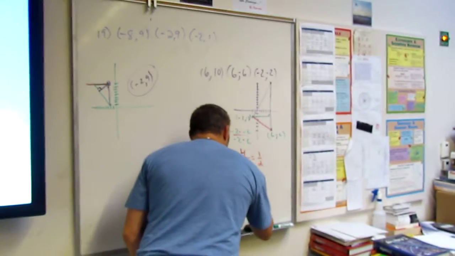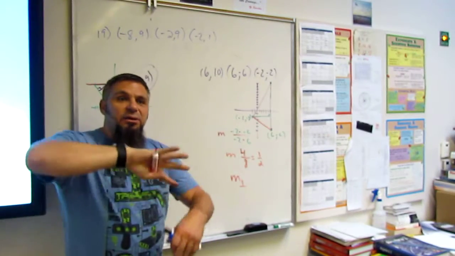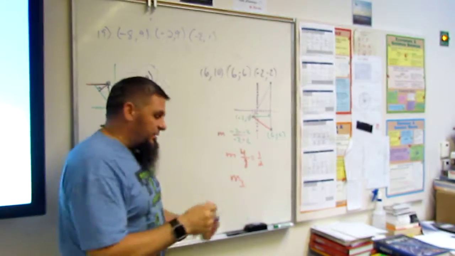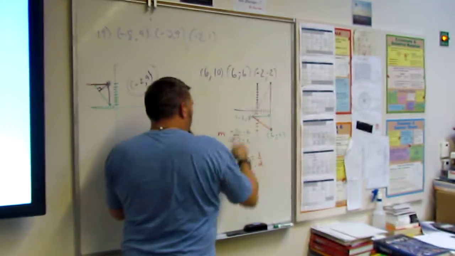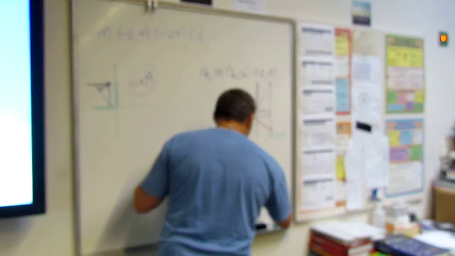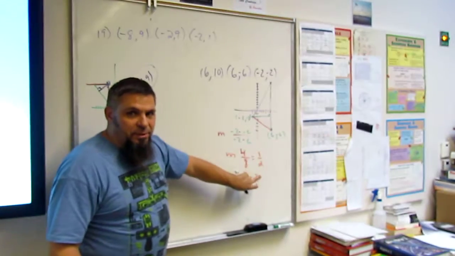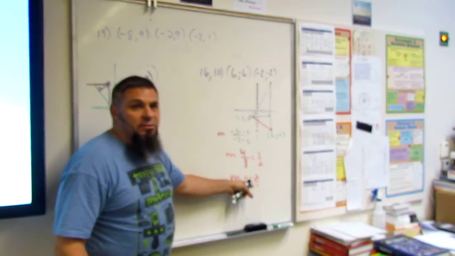So the perpendicular slope is that flipped and smacked. It's the inverse of it, the opposite inverse. Because it has to go this way, right? And the opposite inverse is going to be negative 2 over 1. Because I just take this, flip it, right? And then make it opposite.